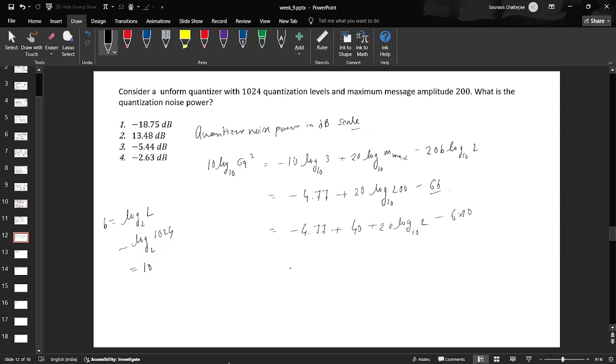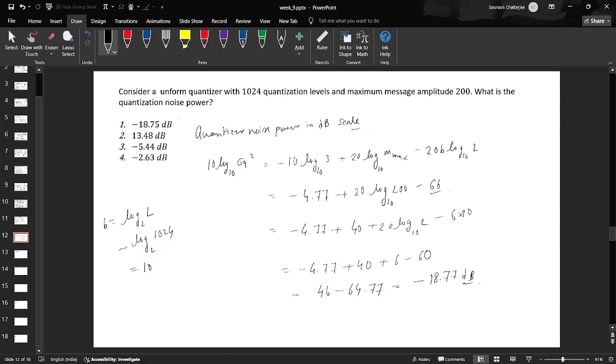So it's minus 4.77 plus 40 plus 6 minus 60. So this is plus 46 minus 64.77, that is minus 18.77 dB.